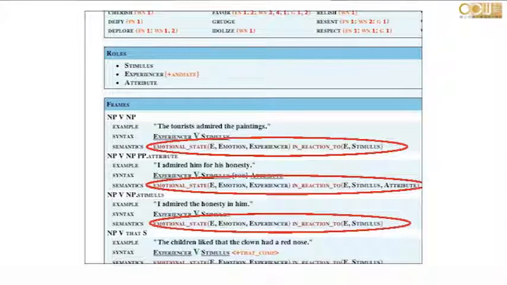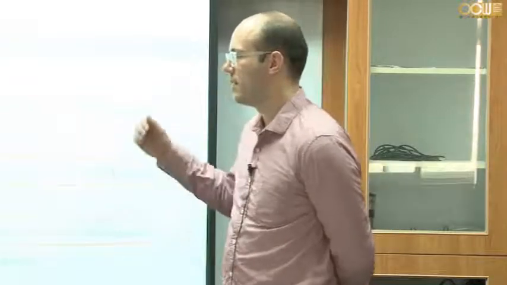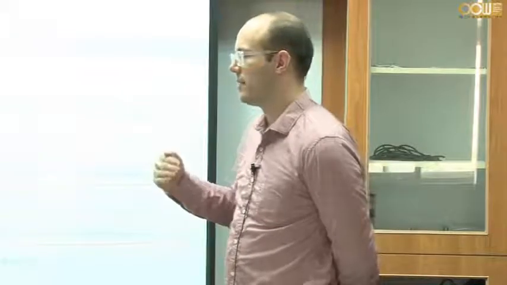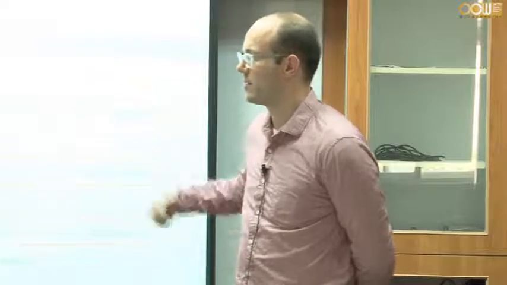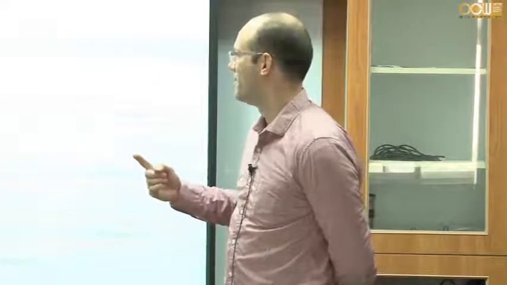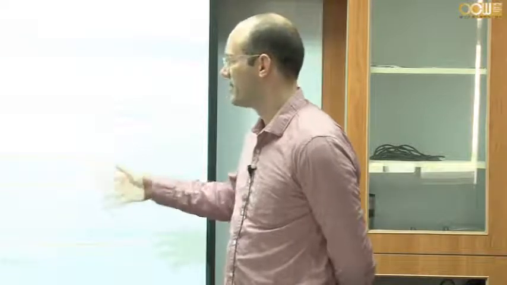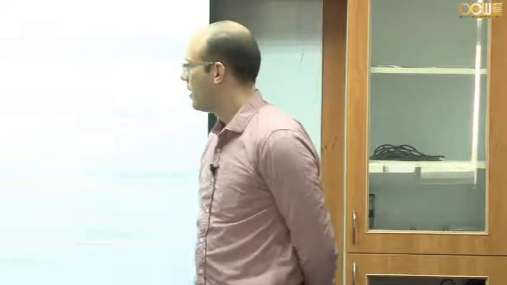So, I don't necessarily like exactly the way some aspects of VerbNet work. When you read the paper, they say these are syntactically defined, but you can see they've actually snuck a lot of the semantics in, like noun phrase, verb, noun phrase, stimulus. I mean, that's clearly semantics that they've put in there.